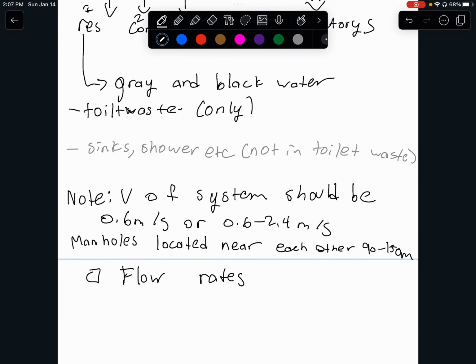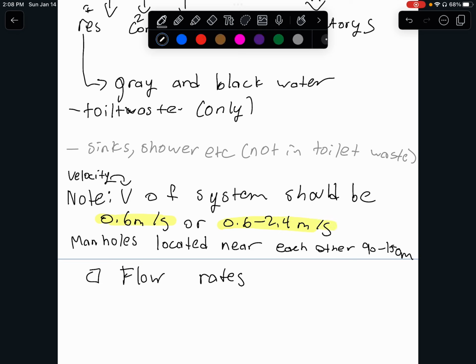We have to note that when considering waste and the industrial waste, the velocity, so V would equal velocity, of the system should be at least 0.6 meters per second. Right? Ideally, we want it to be 0.6 meters per second, but it could be as well 0.6 to 0.24.